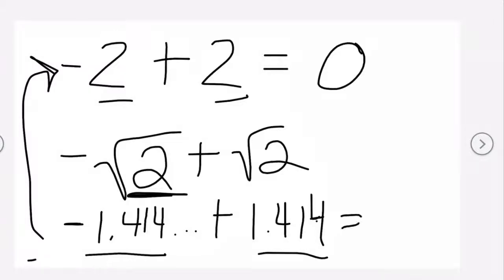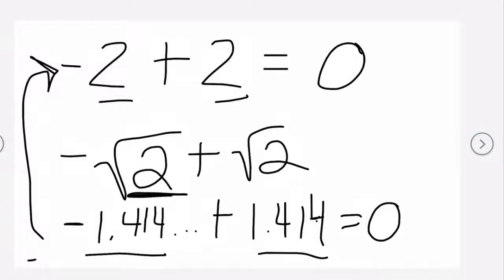So this answer is going to be 0, and we know that 0 is a rational number. So this is irrational plus irrational equals rational. This is the only time you're going to add two irrational numbers and get a rational answer. If they do not cancel each other out by making zero pairs, then it's going to be irrational for every other example.